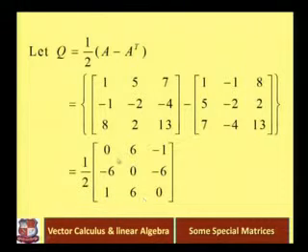is a skew-symmetric matrix. Students can easily verify that the given Q matrix is skew-symmetric, because the entry 6, after interchanging row and column, becomes minus 6, and minus 1 becomes 1. So this matrix is skew-symmetric.